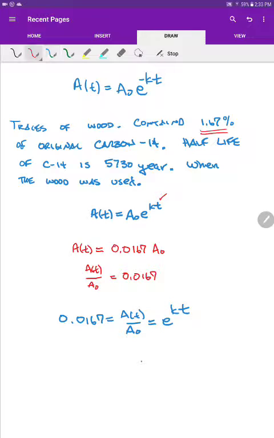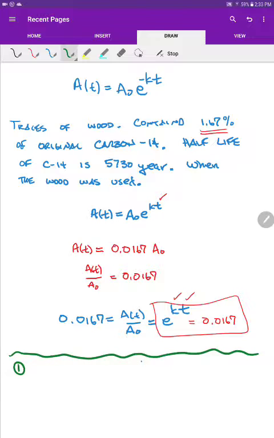So we've got this relationship now to solve, but we don't know what k or t is. We want to solve for t, but we need to know what k is because otherwise we'll still have two unknowns in this equation. So how might we figure out what k is? Step one is, like we did before, we need to find k.